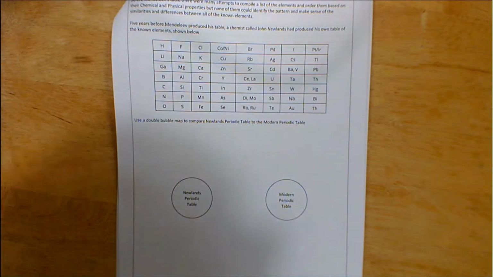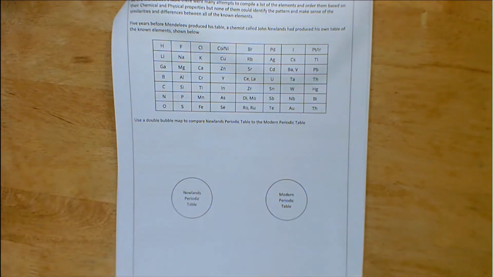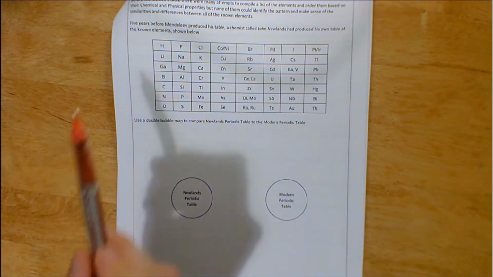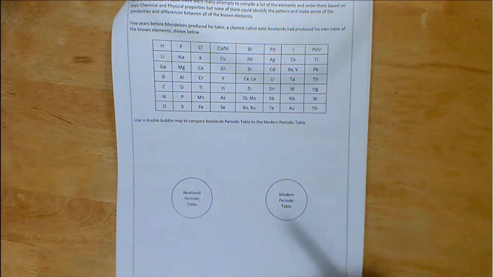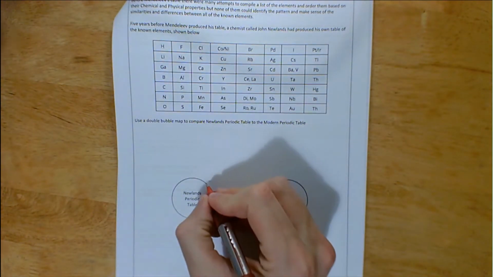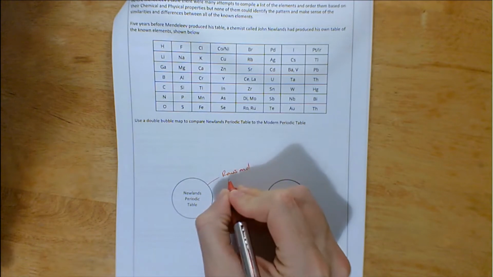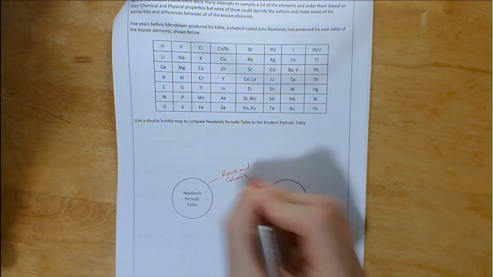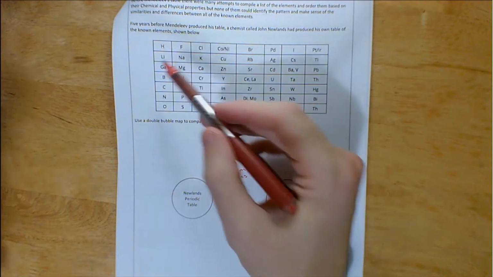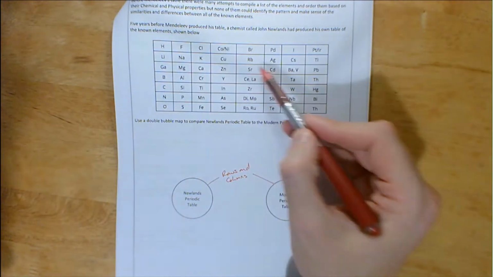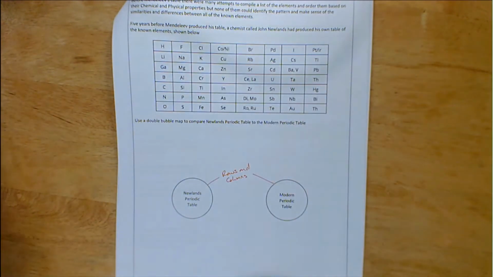So I'm going to start off with similarities. So first of all, we have rows and columns, which our periodic table has. Also, you'll notice that there are 1, 2, 3, 4, 5, 6, 7, 8 columns.